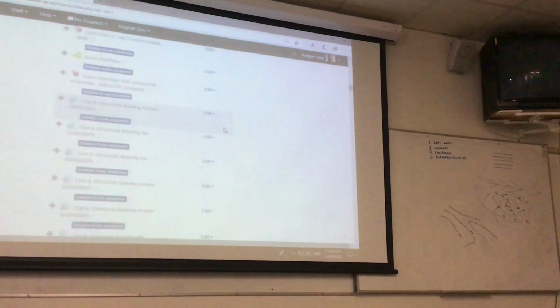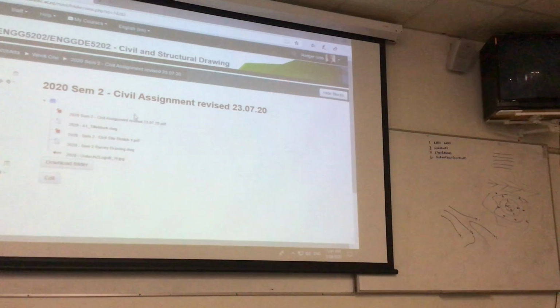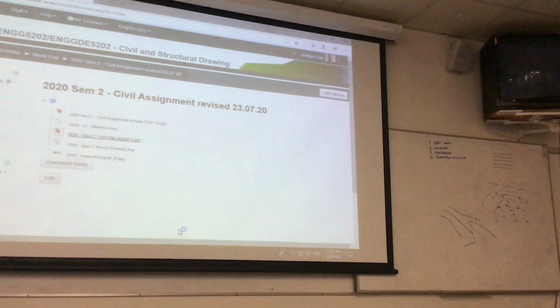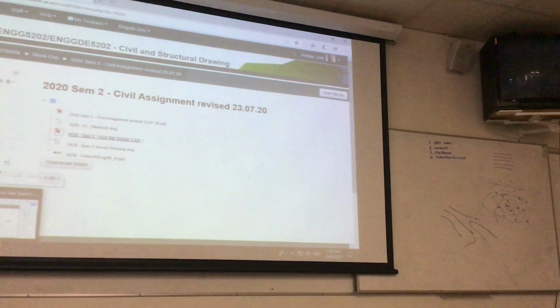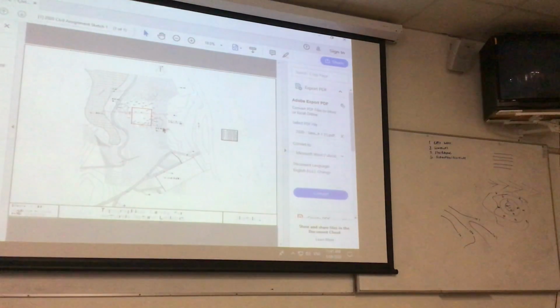Where are we? Here's one. It's a sort of a sketch. I can't open the drawing because this computer doesn't have AutoCAD, but I can open the sketch.